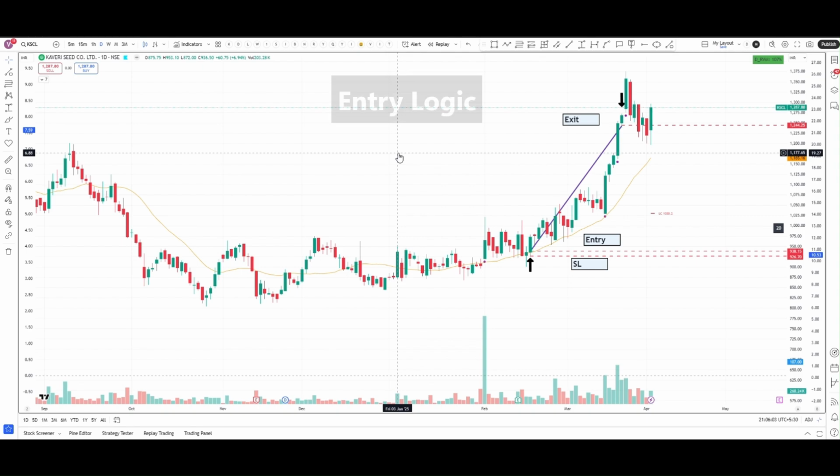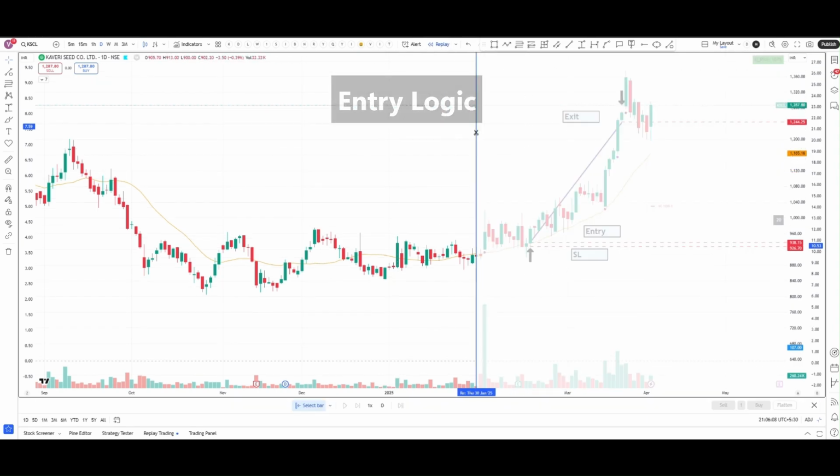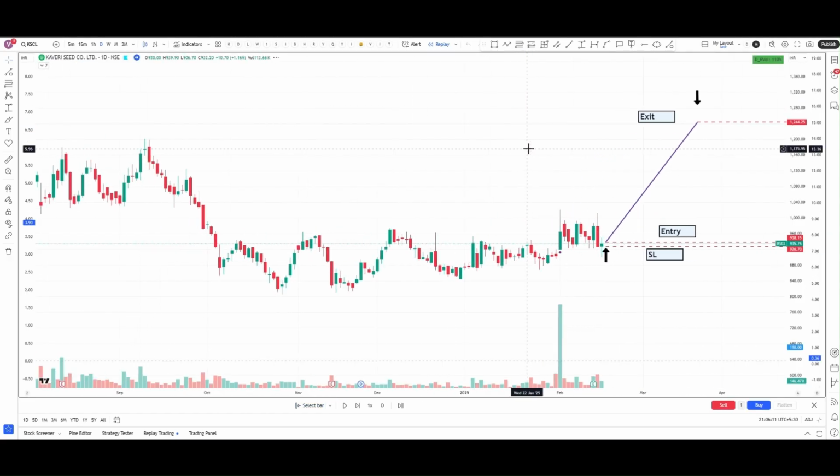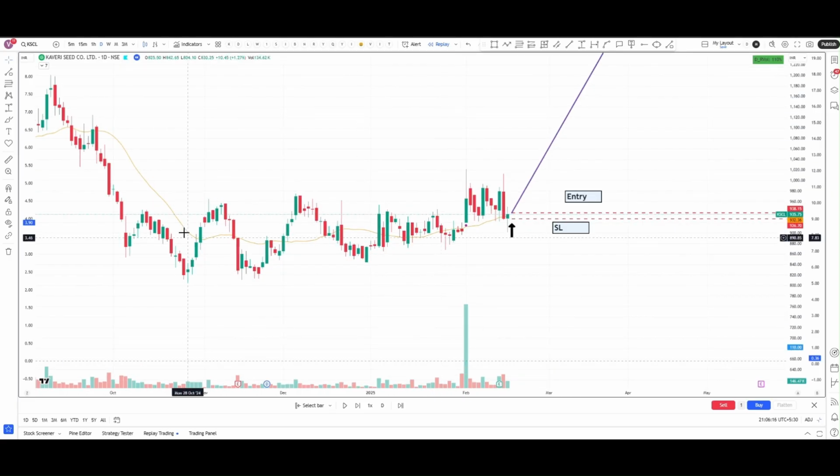Starting with the entry logic, my reason for entering this trade on this particular day was purely based on base quality. When I say base quality, it means the behavior of the price during the formation of this base or consolidation before I entered.